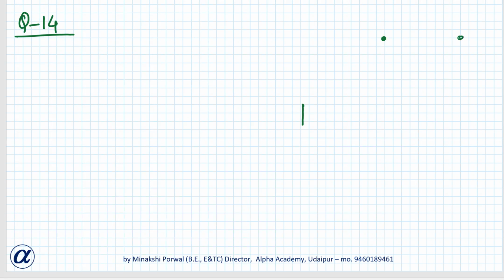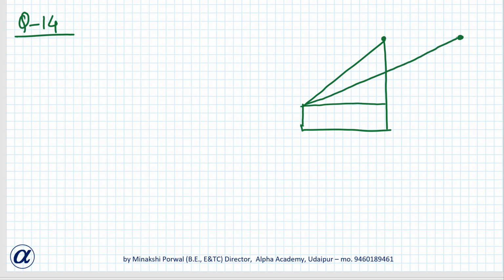After some time the balloon reaches here. When it is here, the angle of elevation is 60 degrees. And when it is here, the angle of elevation is 30 degrees. So this is 1.2 meters and this is 88.2 meters. So if this is 88.2, we'll subtract 1.2 meters from this.